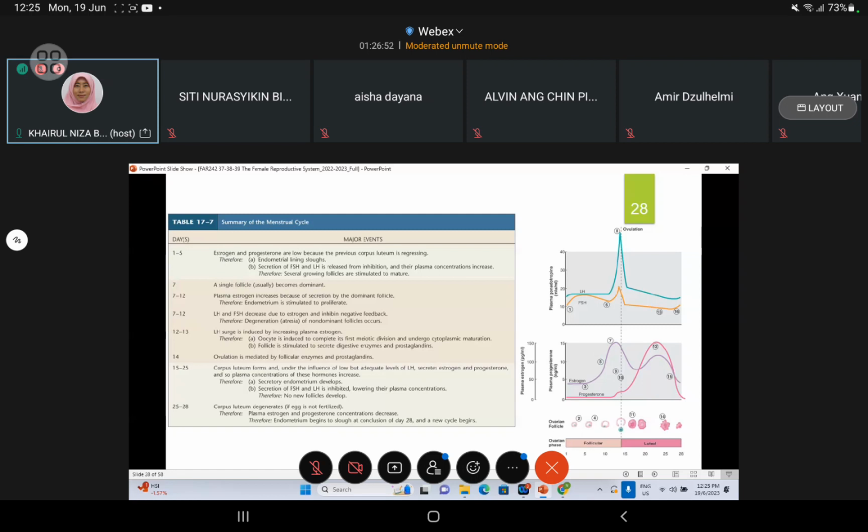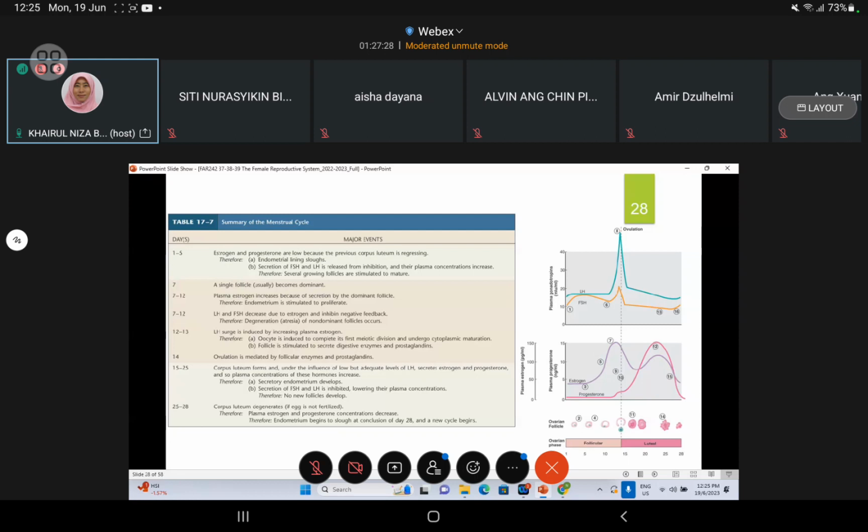But once the dominant follicle is selected, a rising level of estrogen will inhibit the secretion of LH and FSH. But just prior to ovulation, a very, very high estrogen level will have a positive feedback effect upon both LH and FSH. This leads to ovulation as well as the formation of the corpus luteum having endocrine function.